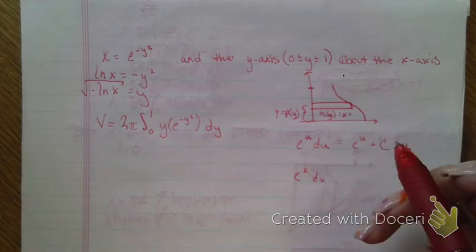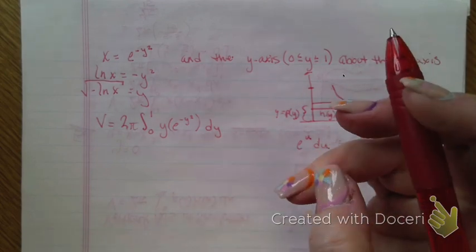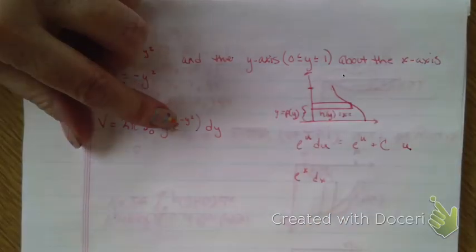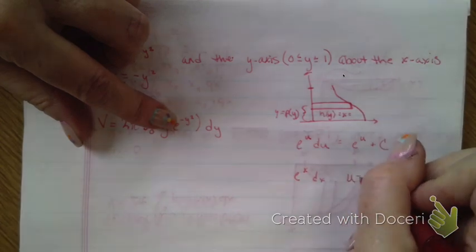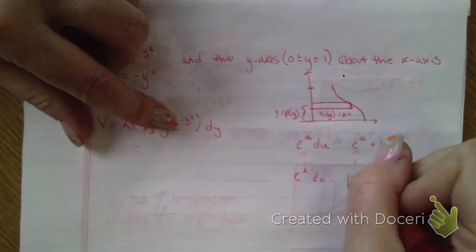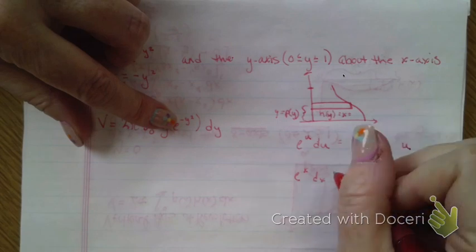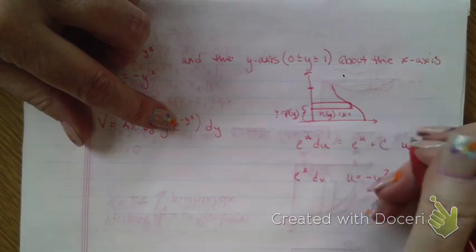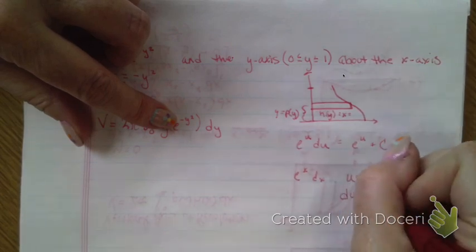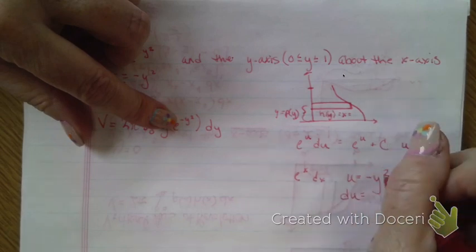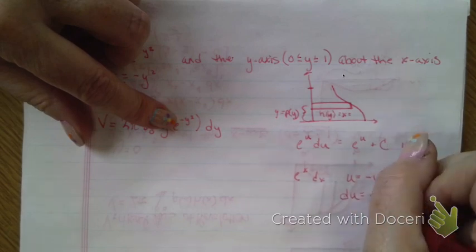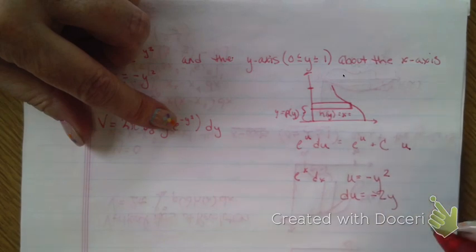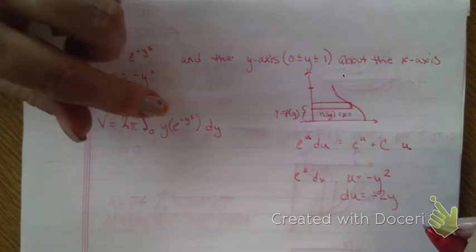I think we have to do this one by substitution. I probably didn't write the integral rule down because I had it in derivatives. So u would be negative y squared, correct? So du would be the derivative of this, which would be negative 2y.